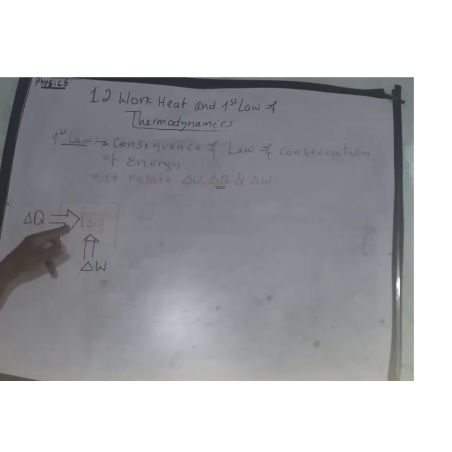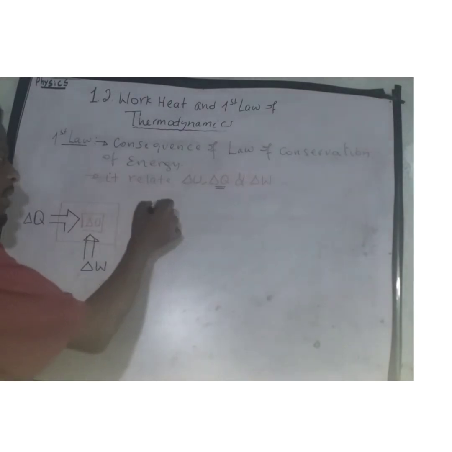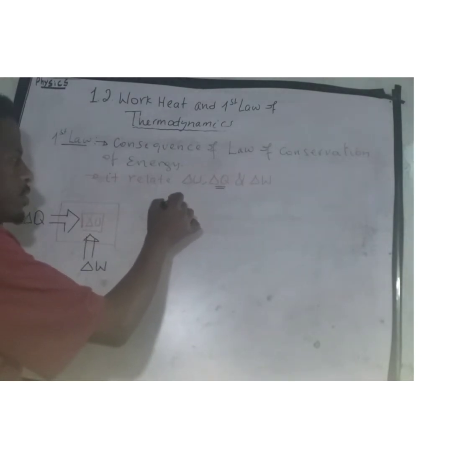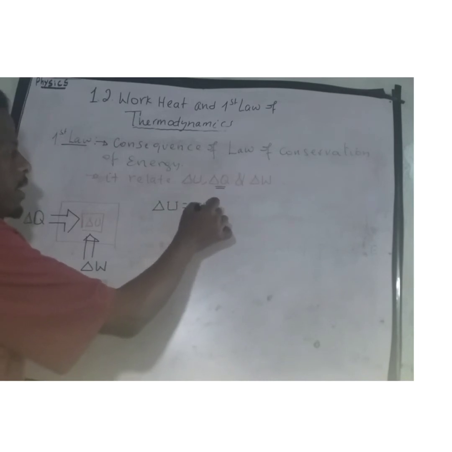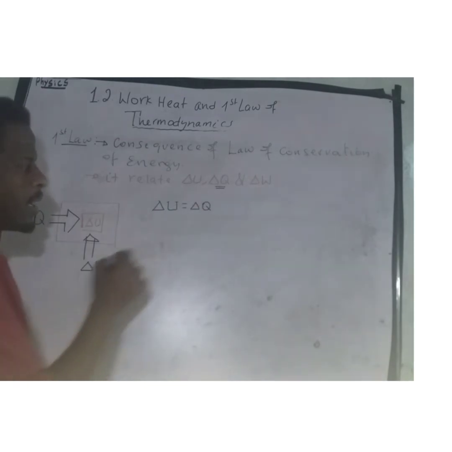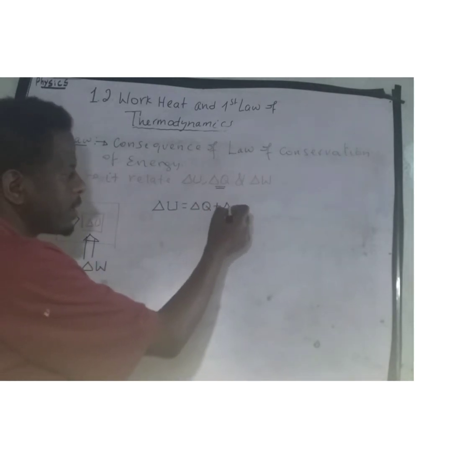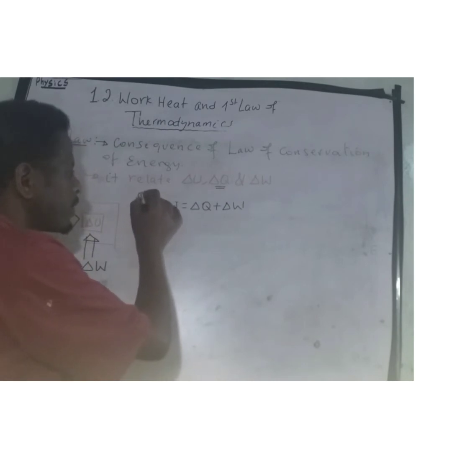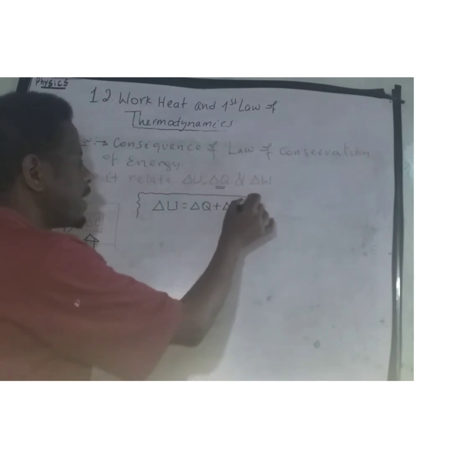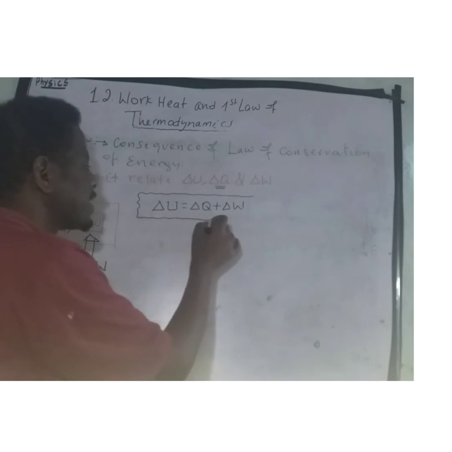This will increase the internal energy of a system. Therefore, we can write the increase in the internal energy, change in U, equals energy entering a system through heating and work done on a system.